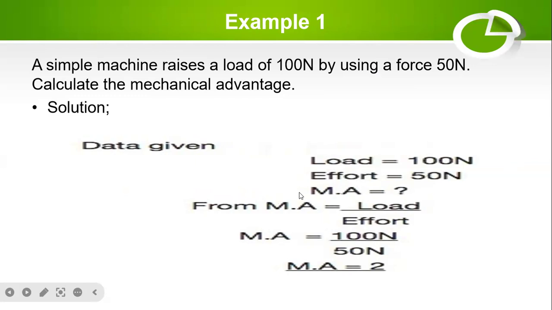From the equation, mechanical advantage equals load over effort, so 100 Newton divided by 50 Newton gives a mechanical advantage of 2. The Newtons cancel out, so it remains 2. That's why mechanical advantage has no SI unit.